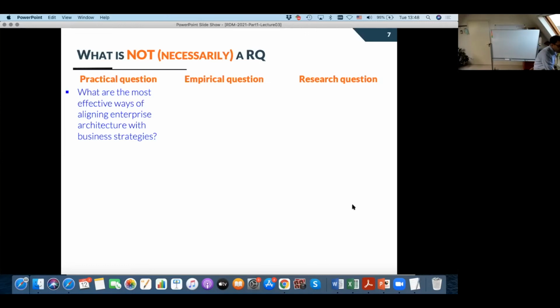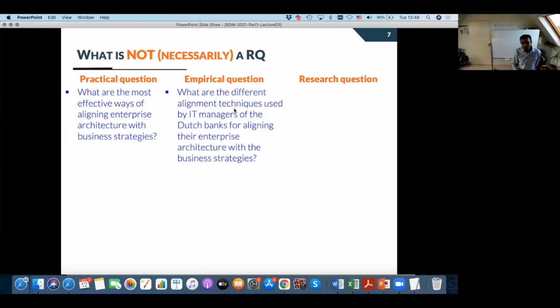The second thing, which is maybe somehow closer to the research question, but it's not yet a research question, is called an empirical question. If you show your research question to your supervisor and he or she says, well, that sounds like an interesting empirical question, this is the empirical question. An empirical question is about understanding the state of a fact, finding an empirical fact. It can be generic, it can be specific.